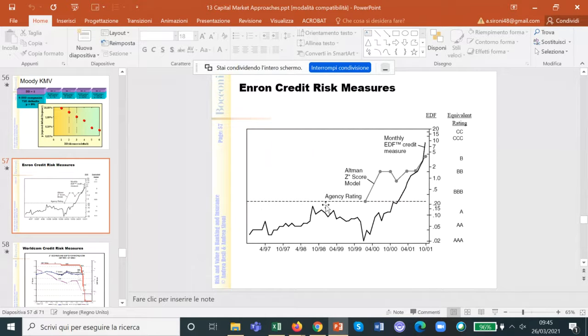The agency rating, the dotted line, never actually moved until default. This gray one is the Altman Z-score that actually got worse close to default. And this is the EDF. As you can see, the EDF started to move much earlier and significantly increased before the fall, because it's a market-sensitive PD estimate.